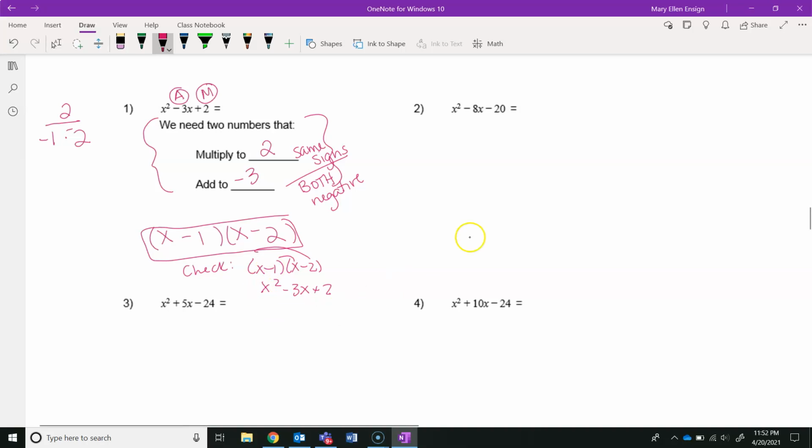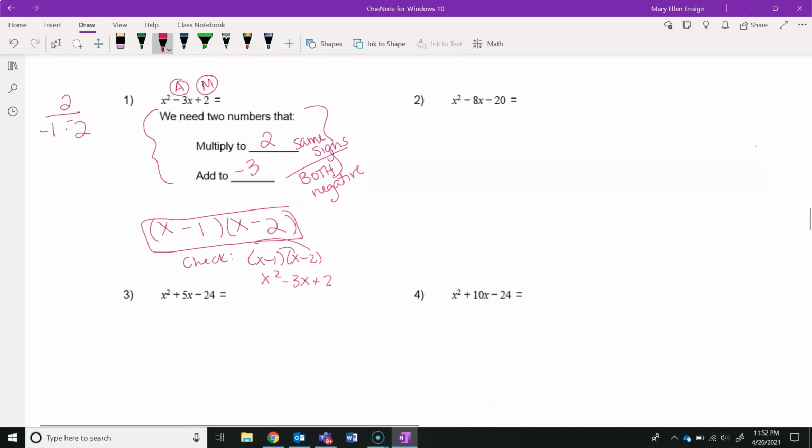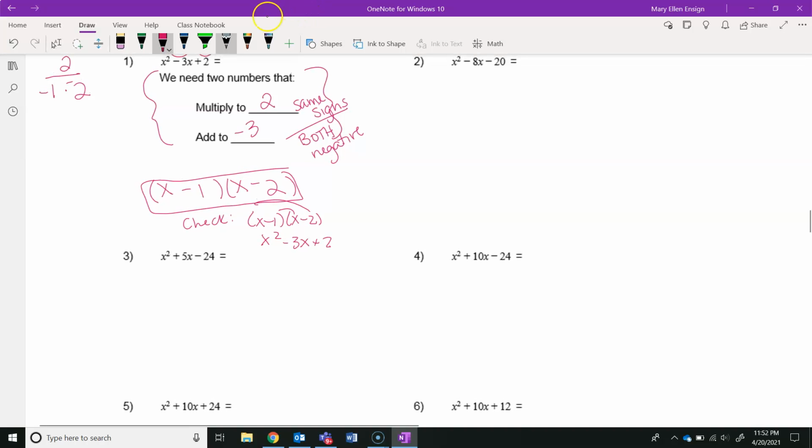What I would like you to do is pause the video and try 2, 3, 4, 5. Actually, you don't have to pause the video. I'm going to end the video here. Try 2, 3, 4, and 5.